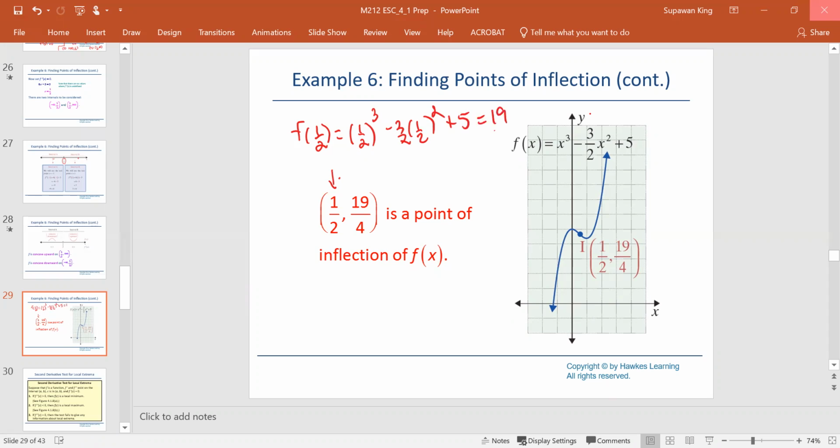That should give us the value 19/4. So the point 1/2, 19/4 is a point of inflection, where the sign of f double prime changes from negative to positive, or the graph changes from concave down to concave up.